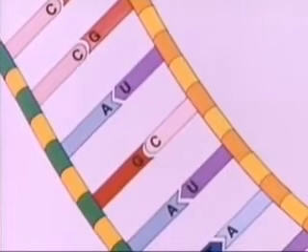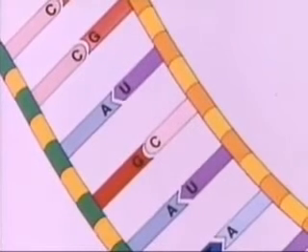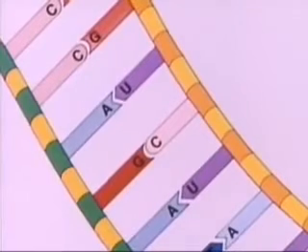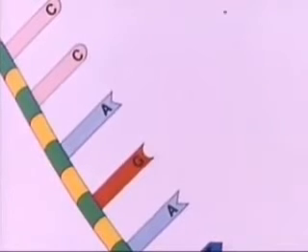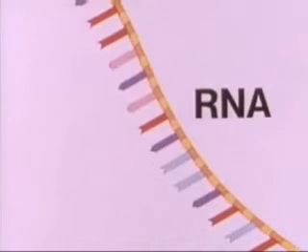The sequence of bases along the RNA strand matches the sequence of bases along the DNA. This messenger RNA, and remember this is only a short portion of a very long chain, now moves out from the cell nucleus where the DNA is to the ribosomes in the cell. Here, proteins are built up.